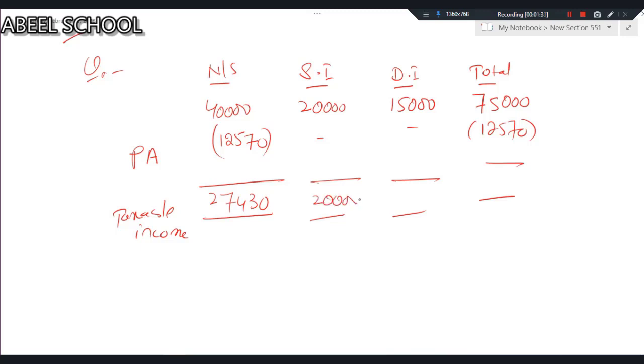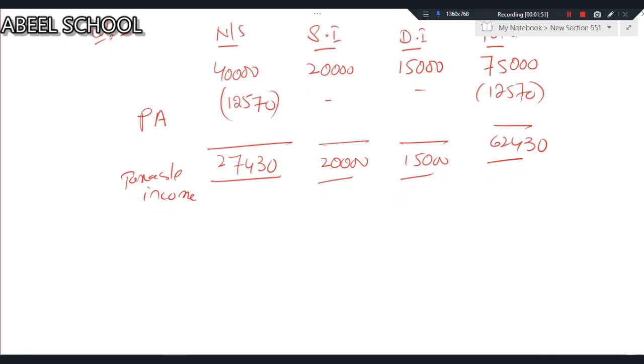Here 20,000 and 15,000. The total is 62,430. Let me recheck, I should not be making any arithmetical error.